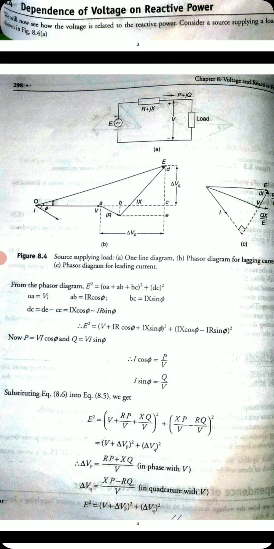According to Pythagoras theorem, we can write E square is equal to the sum of squares of two sides. That is OA plus AB plus BC, together we are calling it OC. So we can write (OA plus AB plus BC) square plus DC square.